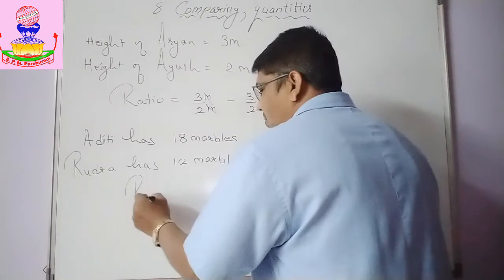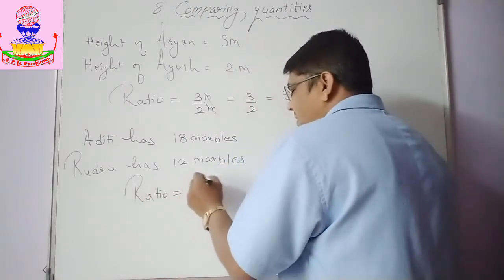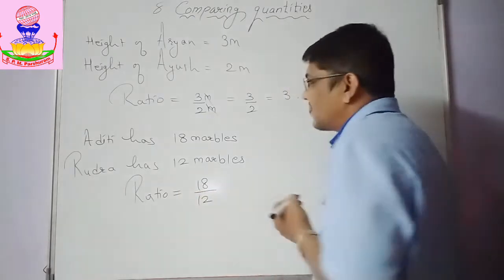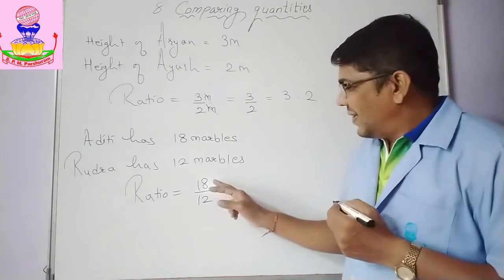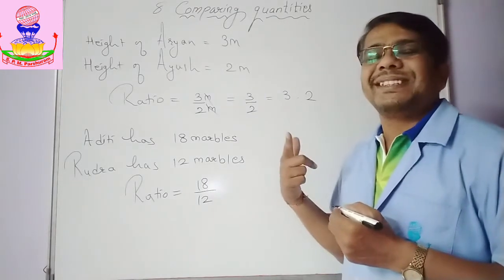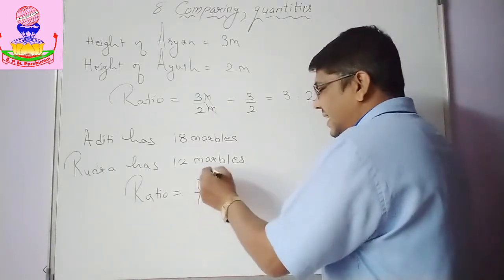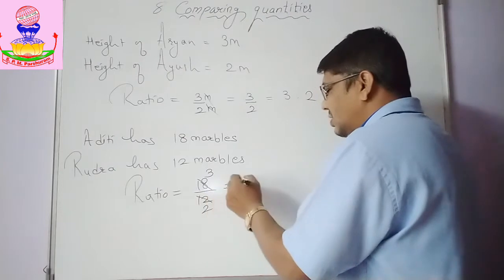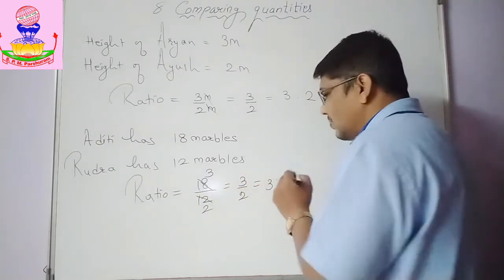Okay? So, ratio 18 marbles upon 12 marbles. Now, these come in the table of, yes, I know the tables, absolutely right, table of 6. 6 3s are 18, 6 2s are 12, so 3 upon 2, that is 3:2.